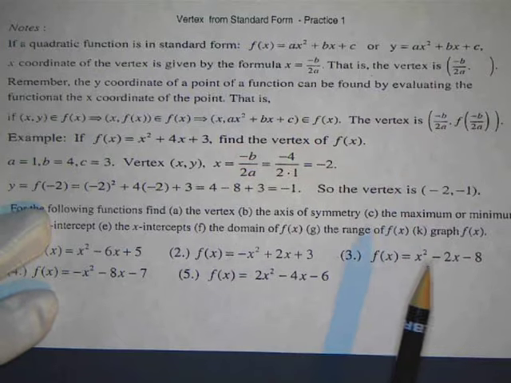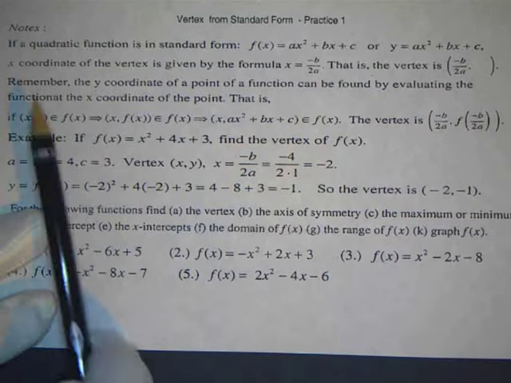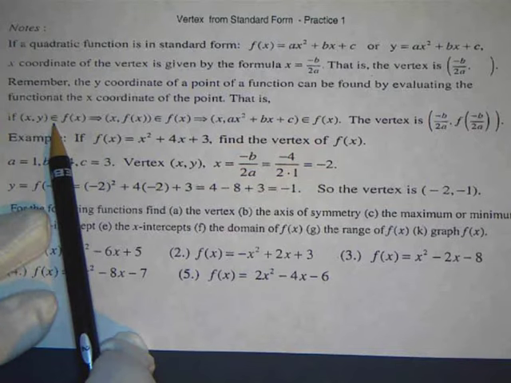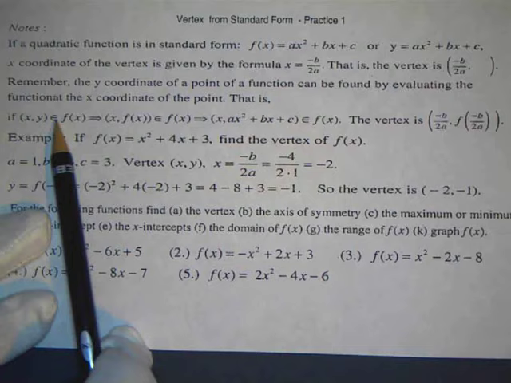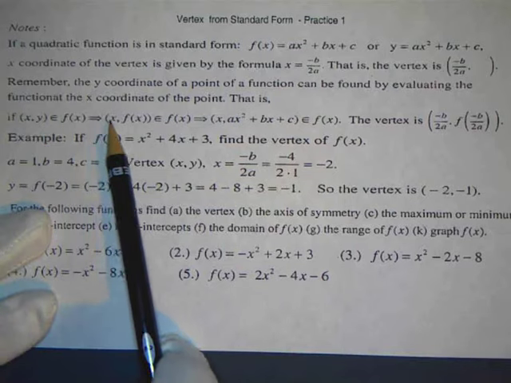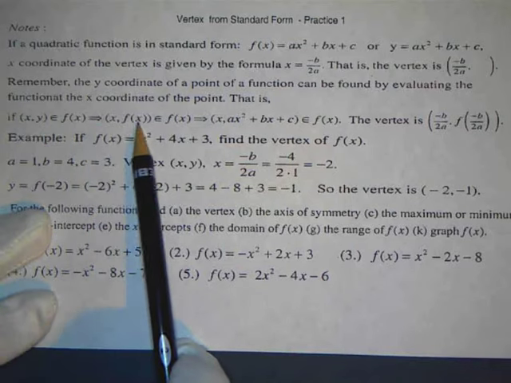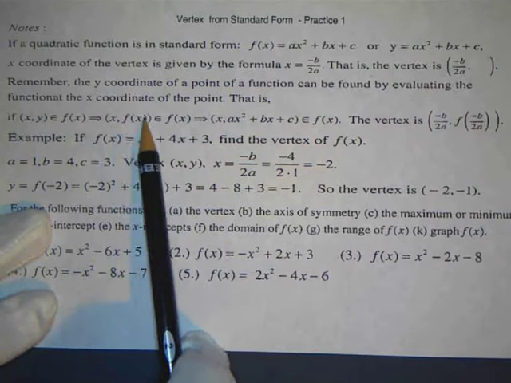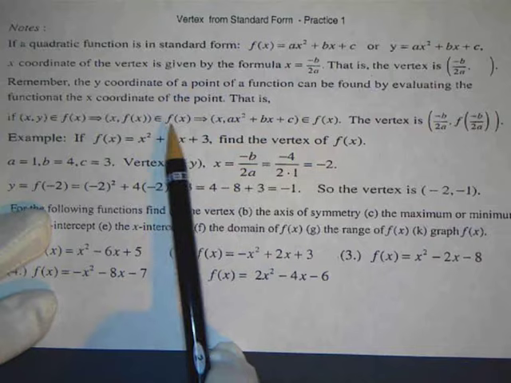Now remember, a function is a set of ordered pairs. So we could say that this ordered pair (x, y) belongs to the function. Remember, the epsilon means belongs to, so (x, y) belongs to f. It also can be written as, and this arrow means implies, (x, f of x) belongs to f. In other words, x, input, output, domain, range, also belongs to f.